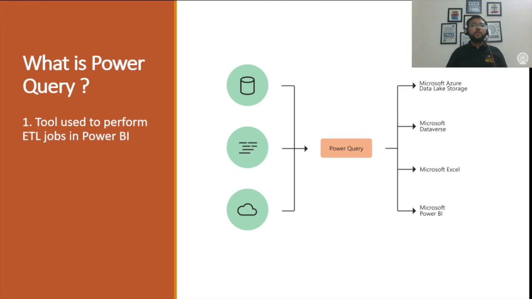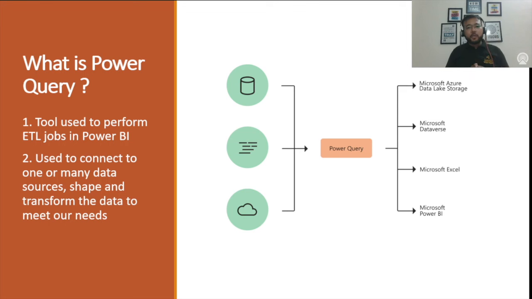So on the screen, you can see there are multiple data sources that we are pushing into Power Query. And in Power Query, after the transformations, we can load the data into Power BI. So guys, here you can see we have Microsoft Excel, Microsoft Dataverse, and Microsoft Azure Data Lake Storage, because Power Query can work along with all these three data sources as well, other than Microsoft Power BI, right?